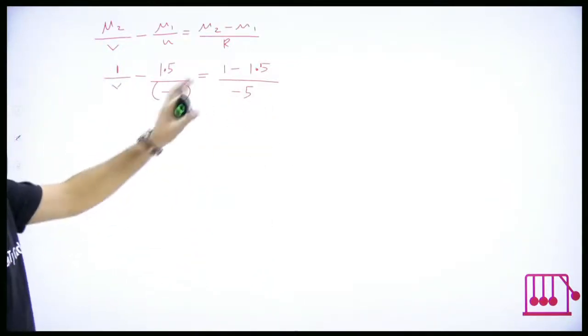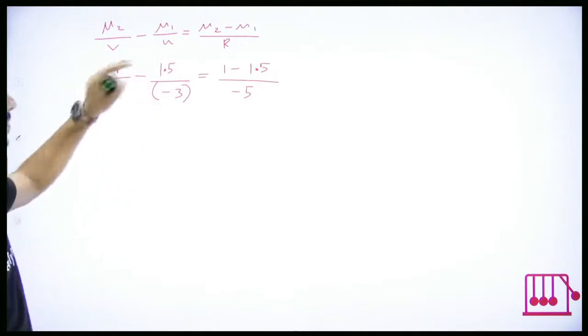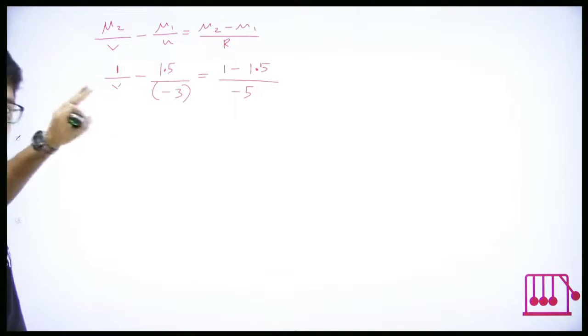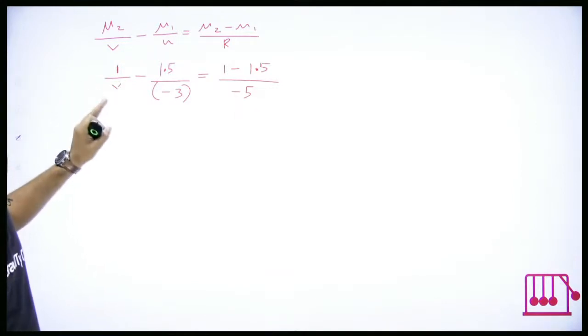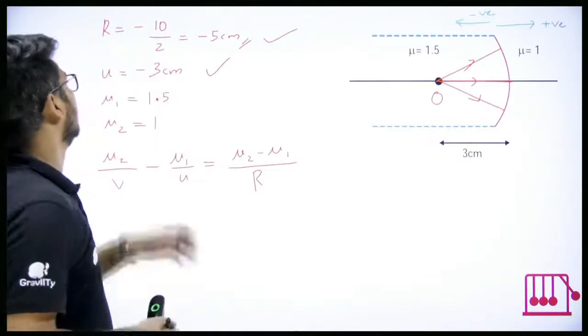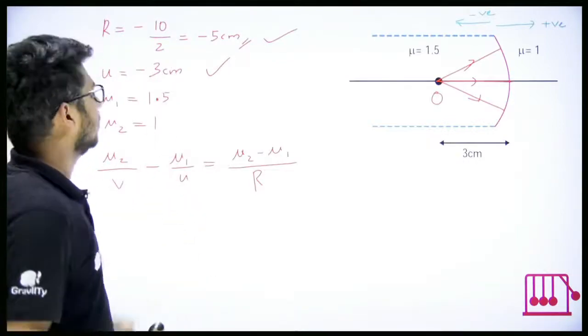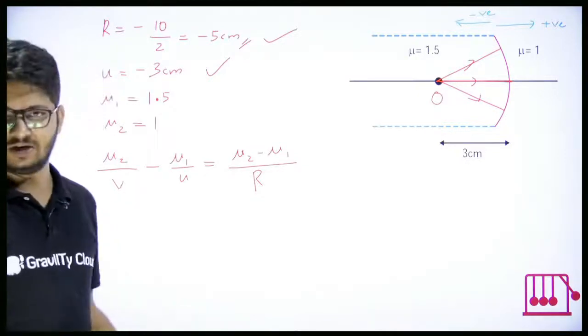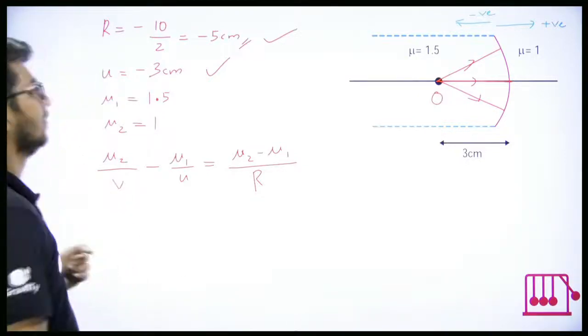You have taken all of them in centimeters, the object distance and the radius, so the image distance will also be in centimeters. You need not worry about that. But what you have to worry about is both radius and the object distance should be of same units. Generally they will be of same units, but you have to be careful.